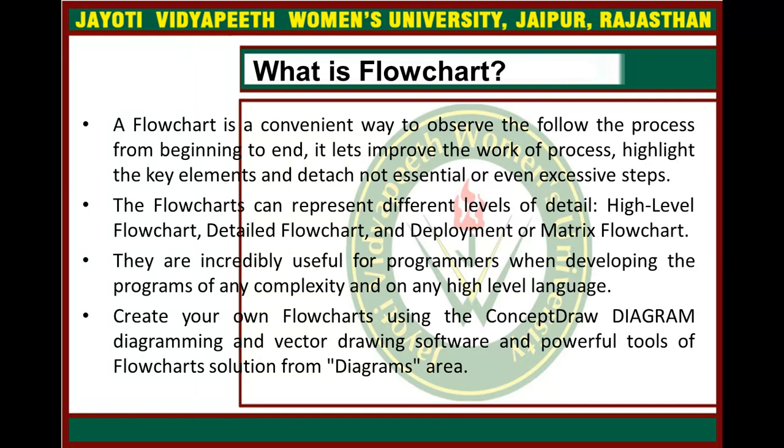A flowchart is a convenient way in which you can follow the process from beginning to end. It lets you improve the process, highlight the key elements and detach non-essential or even excessive steps. Flowcharts can represent different levels of detail: high level flowchart, detailed flowchart, and deployment or matrix flowchart.